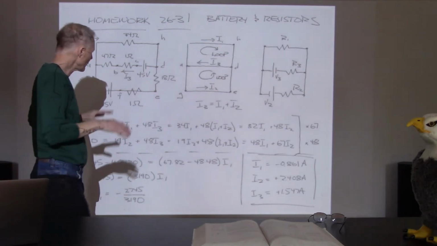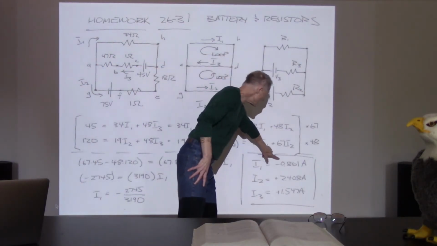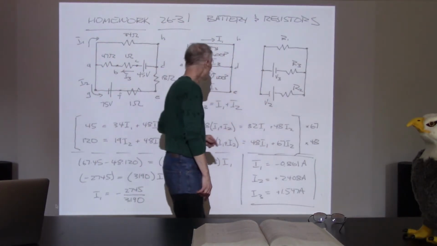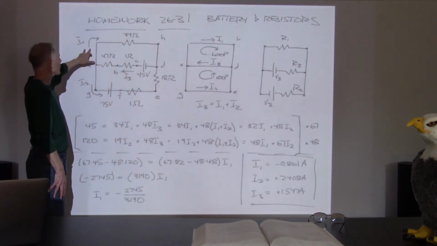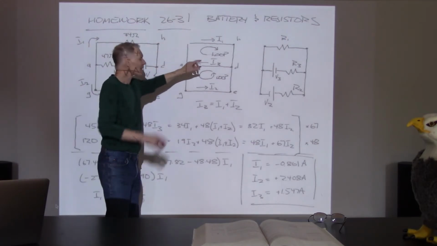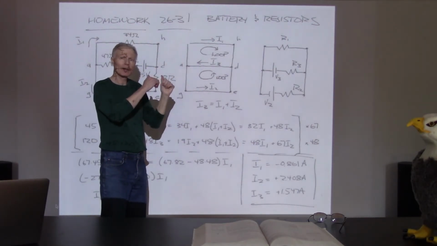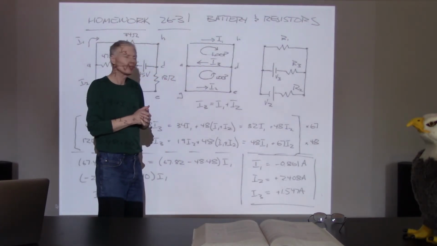Now the other thing we should point out here is this turned out to be negative. What does that mean? It means that the direction that we picked for I1 is actually wrong, and the current's actually traveling opposite that.